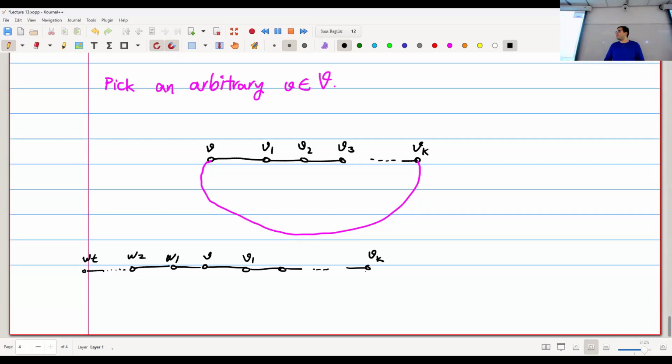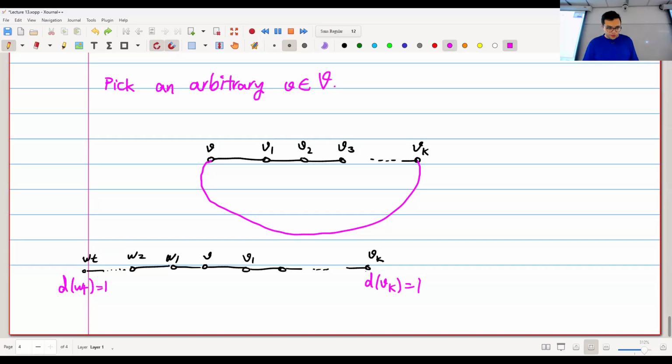And I claim that this path is, again, the entirety of my connected component. Now, what do I know already? I know that the degree of this endpoint is 1. I know that the degree of this endpoint is also 1, right? So I definitely know there are no edges coming out of VK except for the edge that was already in the path.